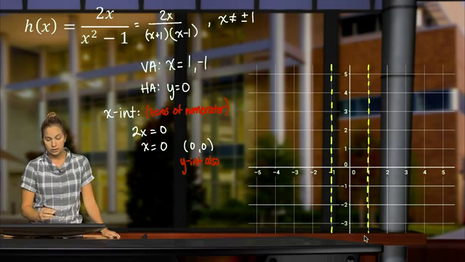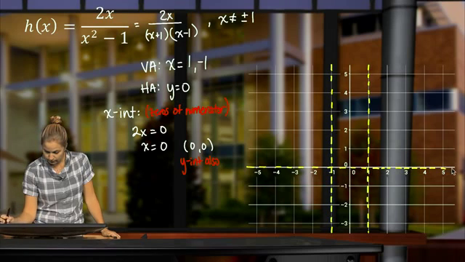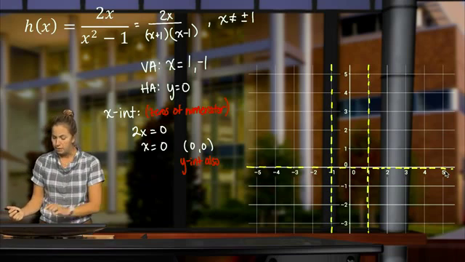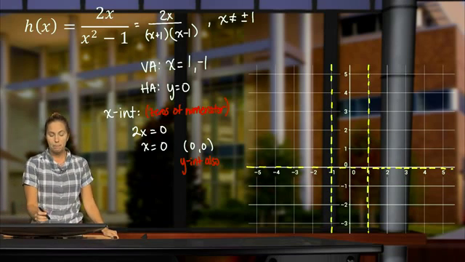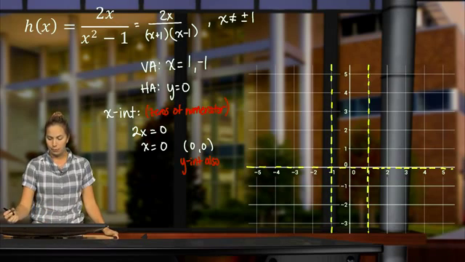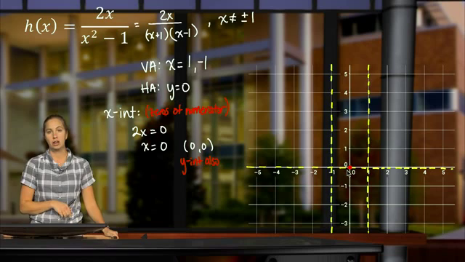And we have a horizontal asymptote at y equals 0, which is the x-axis. Now I'm going to plot my other points in red so you can see a little bit better. But now when I go to plot my x and my y-intercept, look what happens. It's right there on that horizontal asymptote.